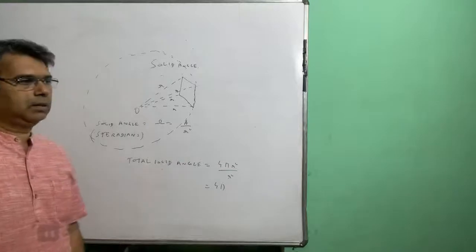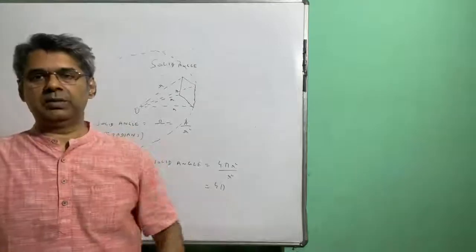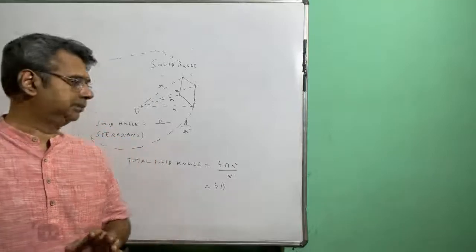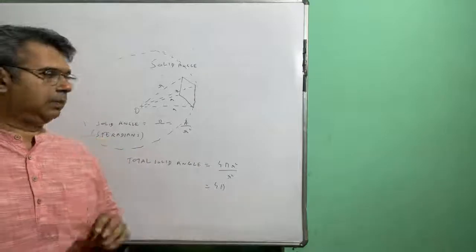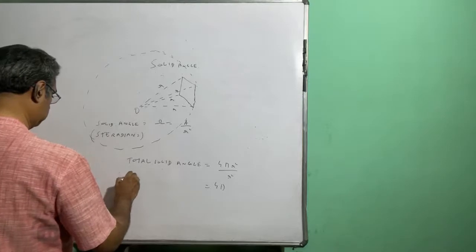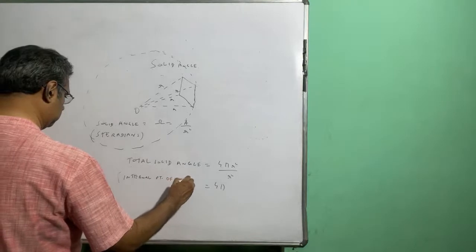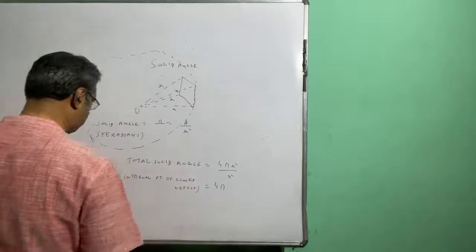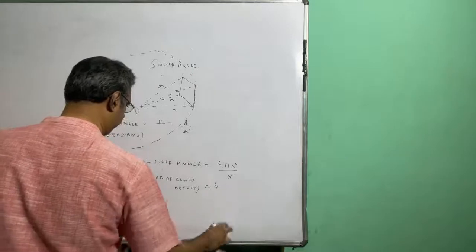There is a rule: I have taken a sphere, but I could have taken some other three-dimensional object. The total solid angle at any internal point of any closed object is always 4 pi.